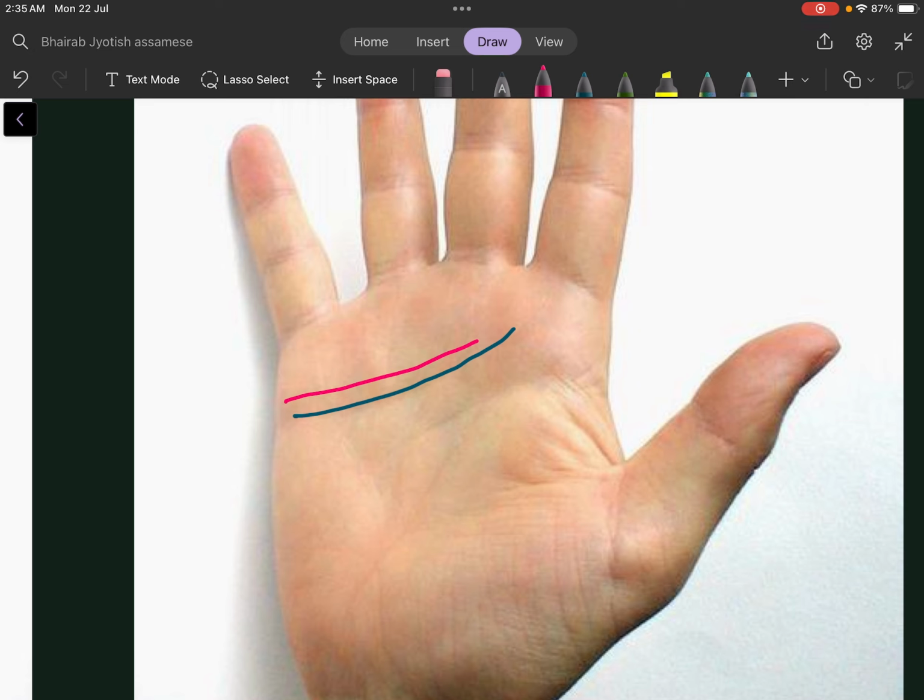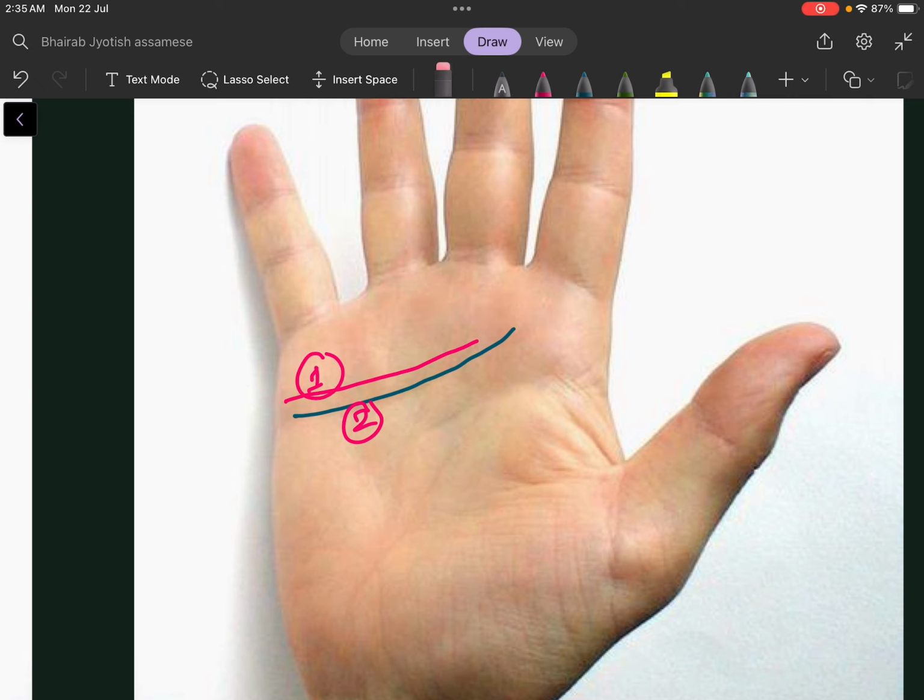It need not be 100% parallel or maintain an equal distance, but approximately they are parallel to one another. They are not going like this. So whenever we have this kind of double heart line, this is line number 1, and this is line number 2.